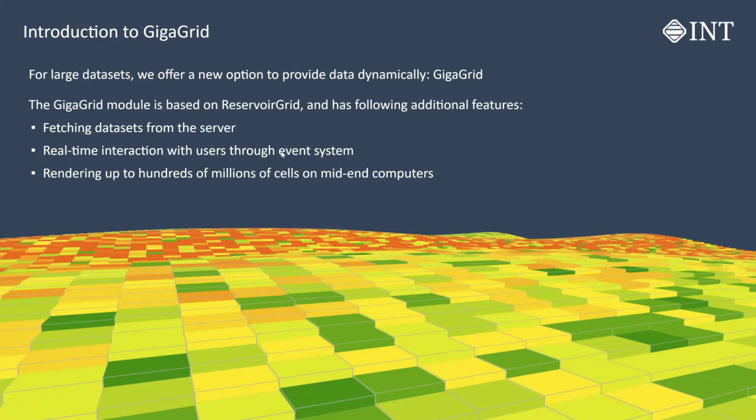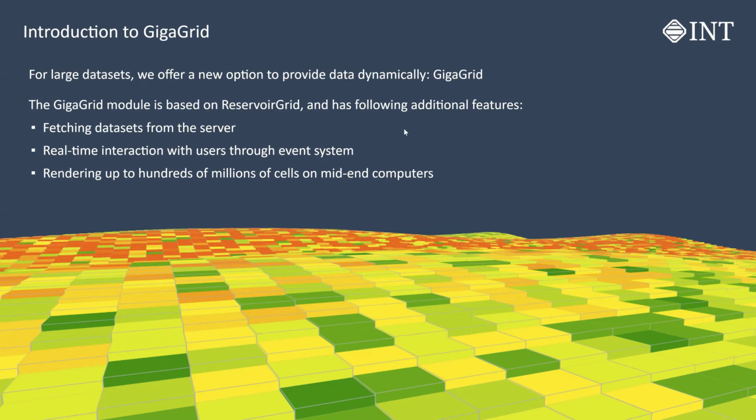Okay, so we have talked about the optimizations we can do in ReservoirGrid, and now it's time to integrate those optimizations into ReservoirGrid. We have a new module, which is called GigaGrid. The name GigaGrid means you can render several gigabytes of data in one object.